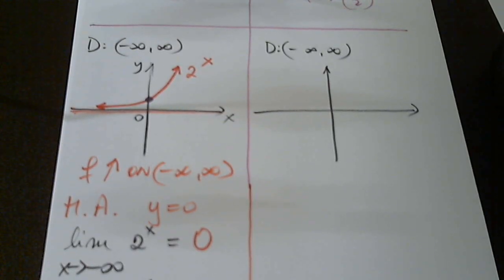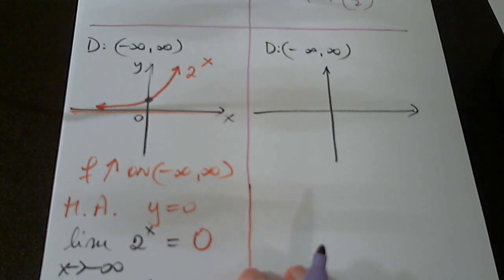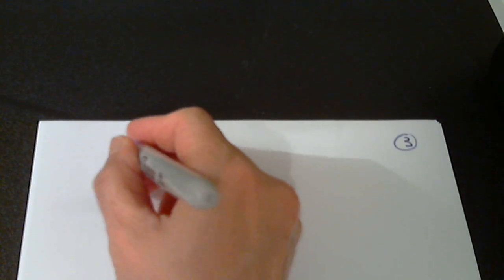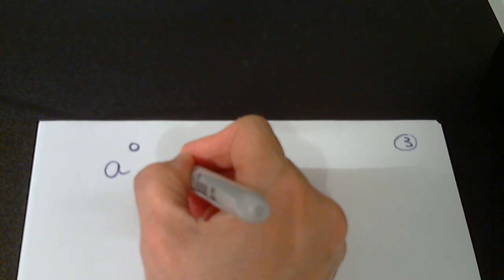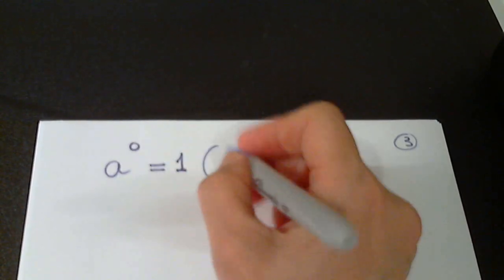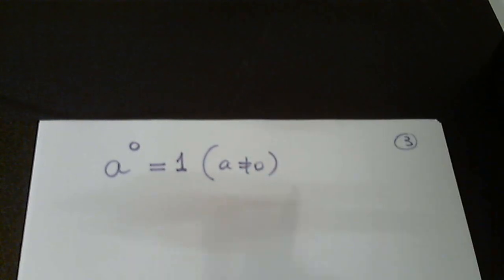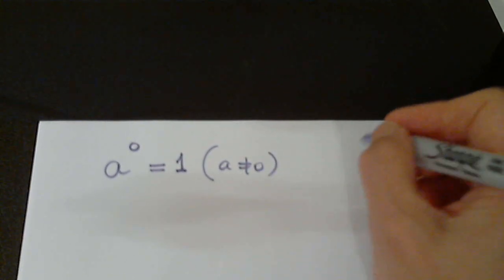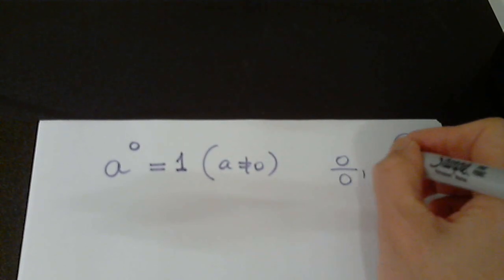2 raised to 0. Careful. Let's talk about this. Any number raised to 0 is 1, making sure that a is not 0. How come? If you remember, we had two indeterminate cases.